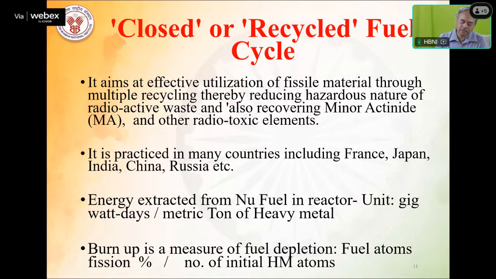And burn up, when we actually utilize this fuel, it is utilized to a defined rating of burn up. So burn up is a measure of fuel depletion, that is fuel atoms fissioned, in percentage of the number of initial HM atoms present. So that is the burn up.